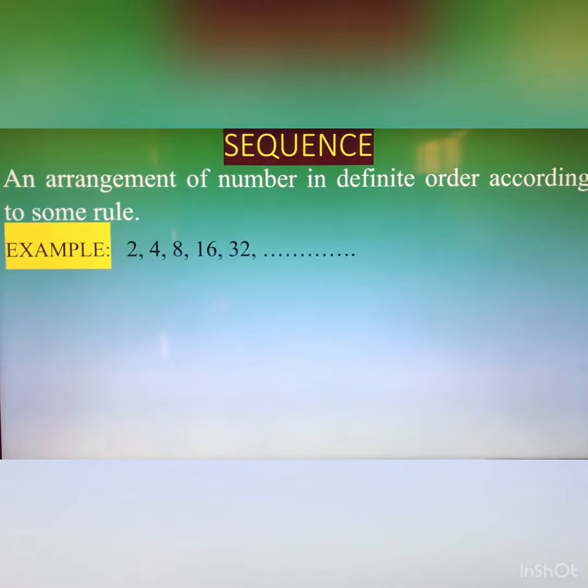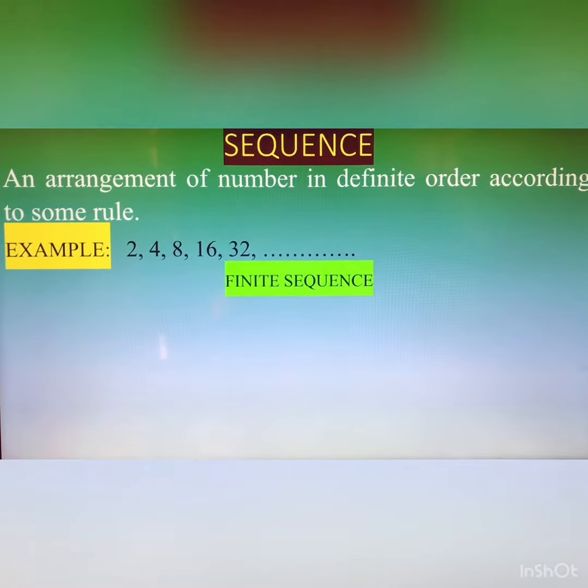For example, these are some numbers arranged with a rule: 2, 4, 8, 16 and 32, and every number is related by a rule, that is, the previous number is multiplied by 2. 2 twos are 4, 4 twos are 8, 8 twos are 16. So this type of arrangement of numbers is called a sequence.